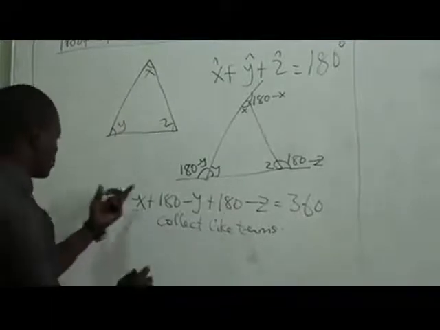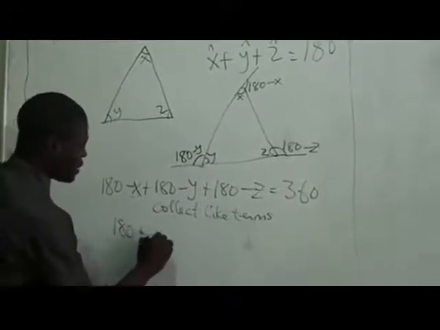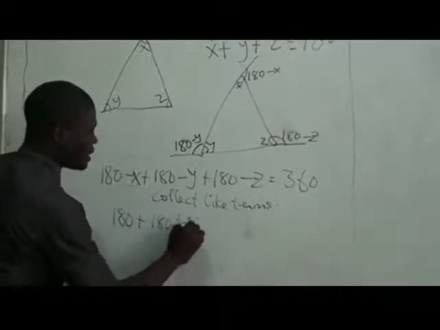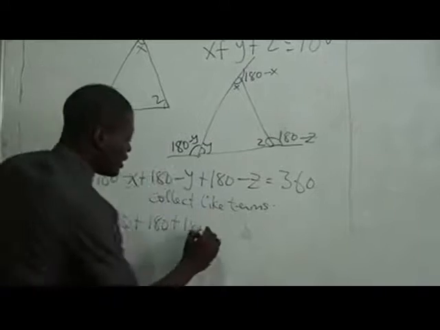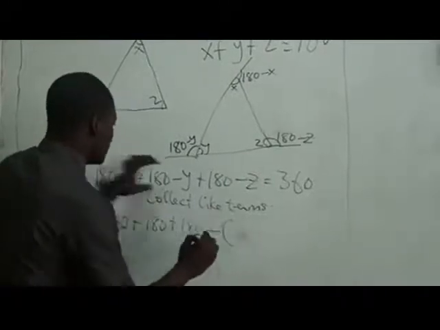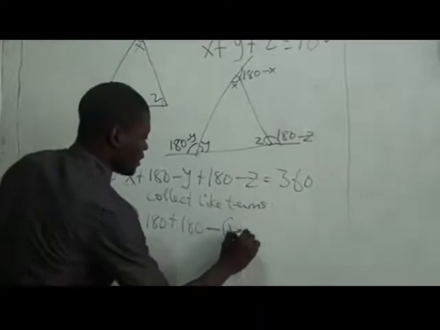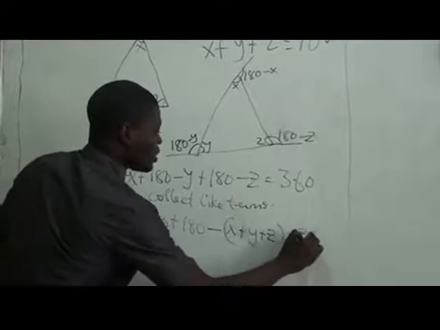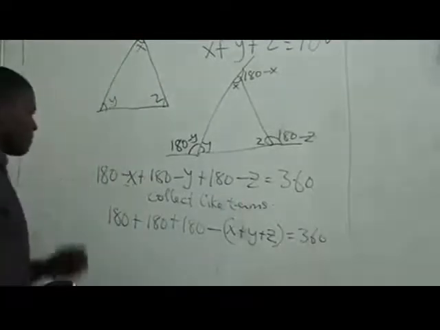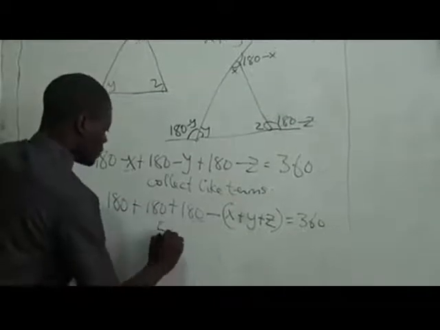After the collection of like terms, we are going to have 180 plus 180 plus 180. Then you factor out the negative sign, so that all these unknown variables will now be in positive signs, which will be equal to 360. Now, 180 plus 180 plus 180 is going to give you 540.